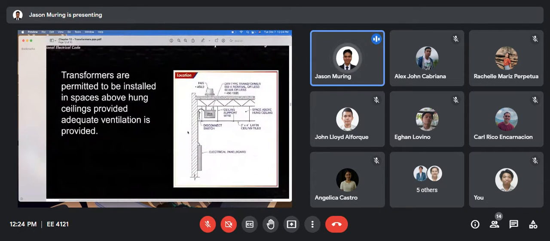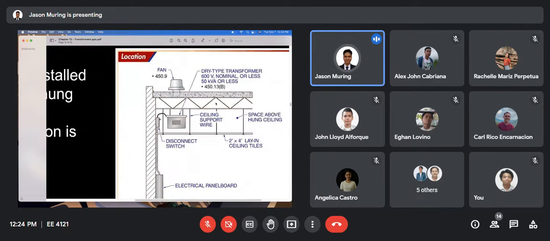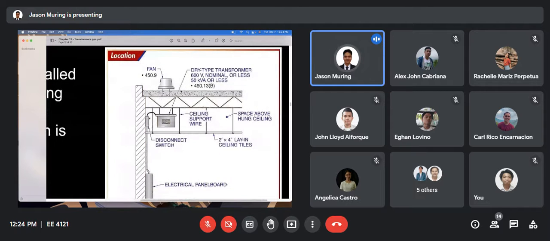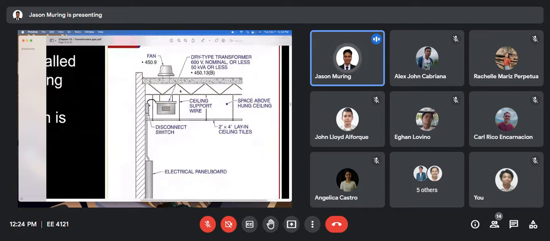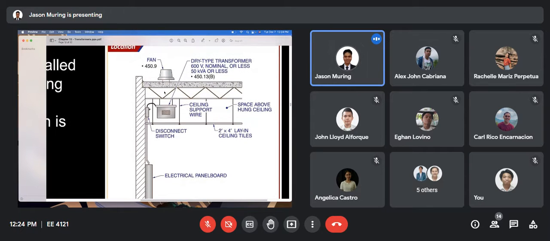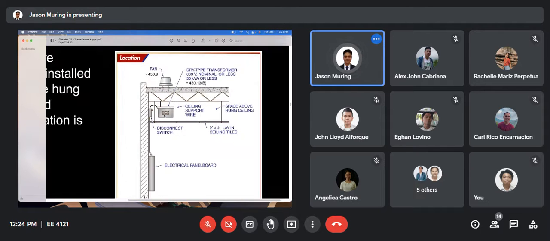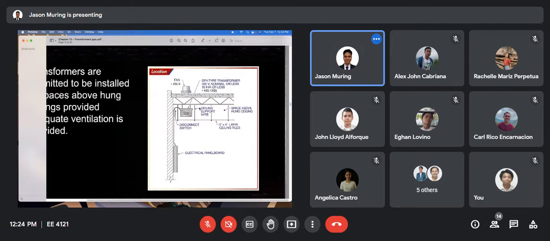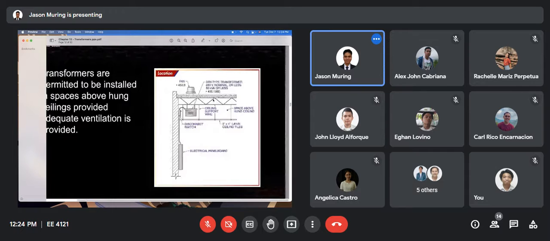Okay, then transformers are actually allowed to be hung, as long as there is enough ventilation. Usually the heat all rises to the top. So we should make sure that this is properly ventilated when we install it at a higher elevation, especially indoors.